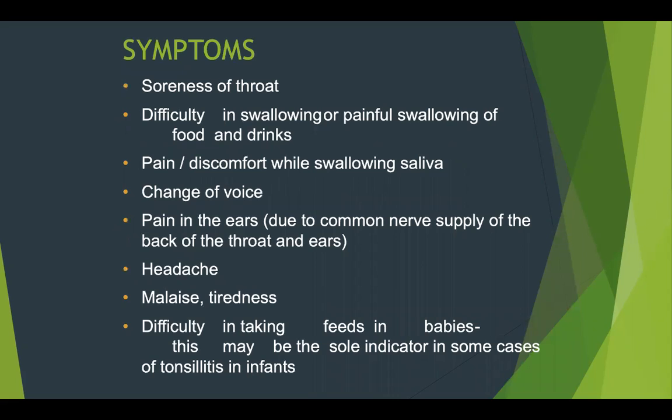Symptoms further: soreness of throat, difficulty or pain in swallowing food and drinks, pain or discomfort while swallowing saliva, chances of change of voice, pain in the ears due to the common nerve supply of the back of the throat and ears, headache, malaise, tiredness, and difficulty in taking feeds in babies.